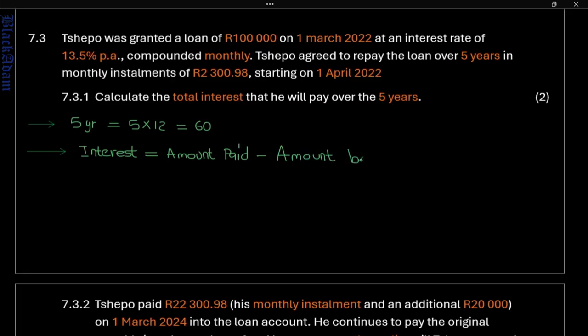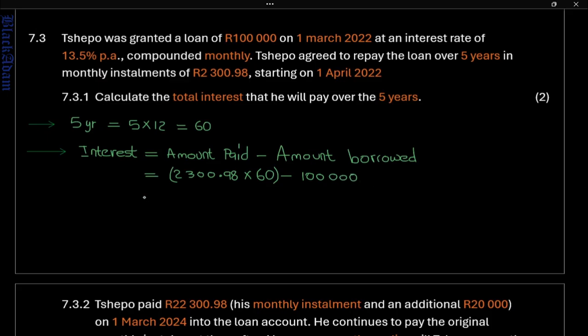You borrow money, then the interest rate is applied for a period of time, and the money accumulates, and then minus what you borrowed, that's the interest you pay. So that's going to be 2,398 times 60 months, minus the 100,000.